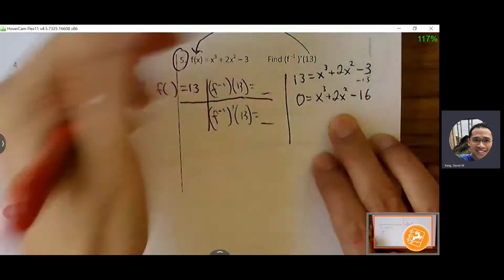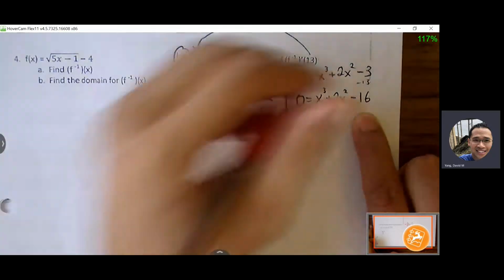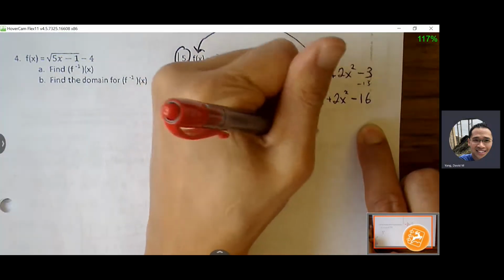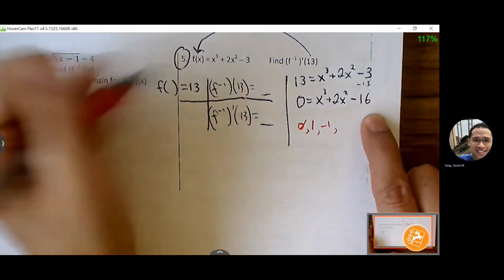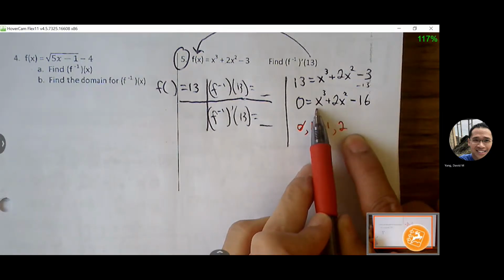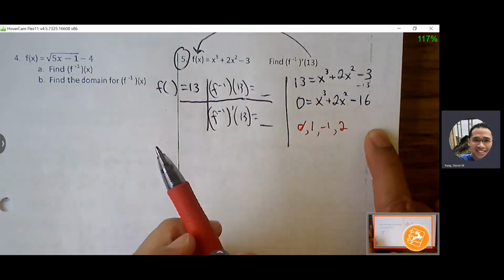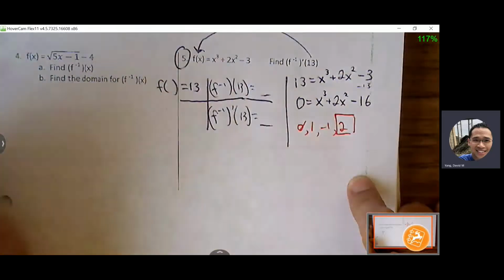Okay, we go through our numbers to test. 0 doesn't work. 1 doesn't work. -1 doesn't work. How about 2? Eight plus 8, 16, 16 minus 16 is 0. Okay, so it looks like 2 works.